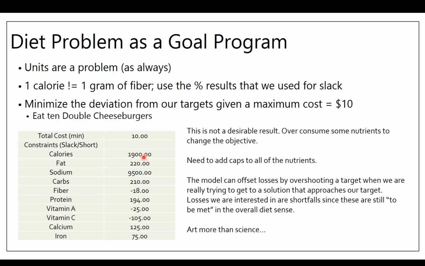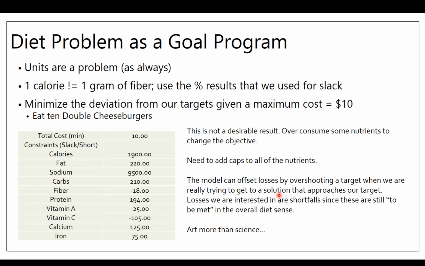So you either fall short of a constraint by 18% or you overshoot a constraint by some large amount. And so it's not a desirable result. It tells us to spend the full $10 and try to balance all this stuff out where we're over and under.